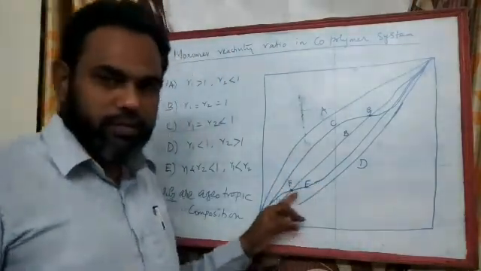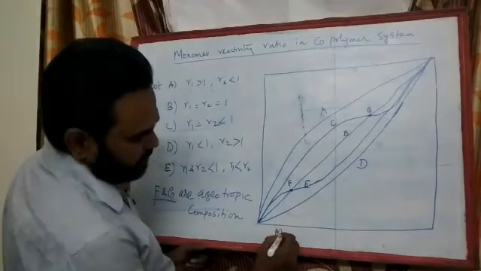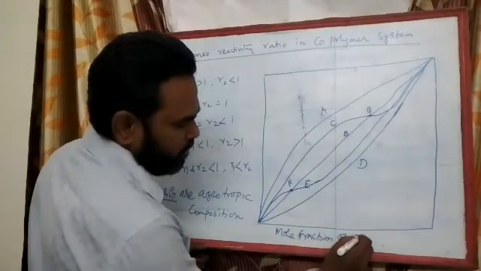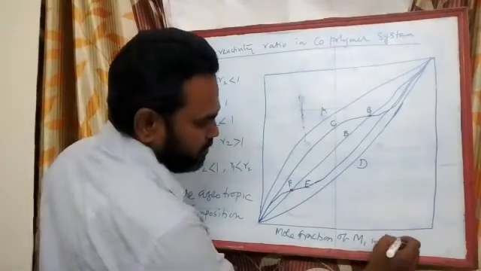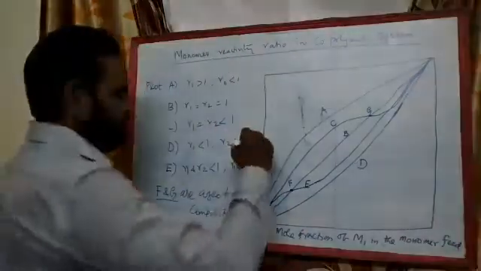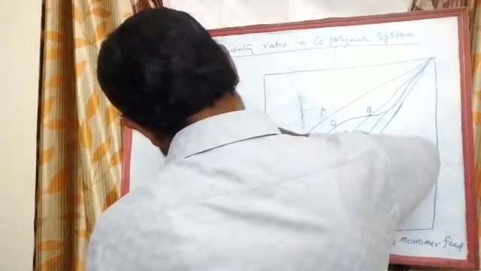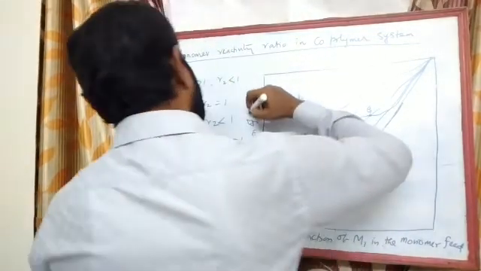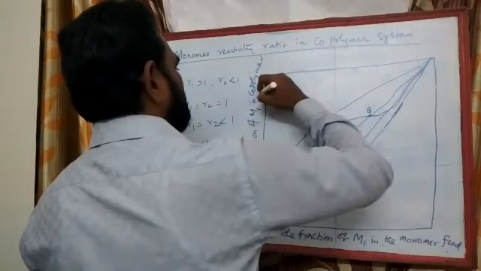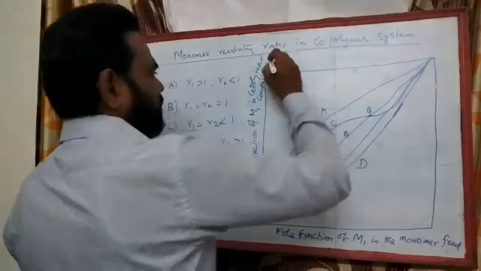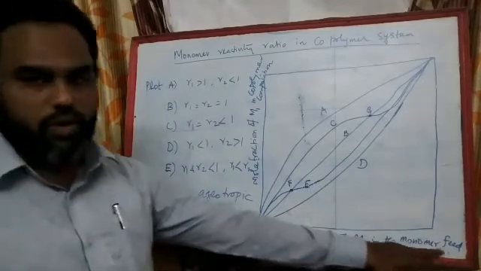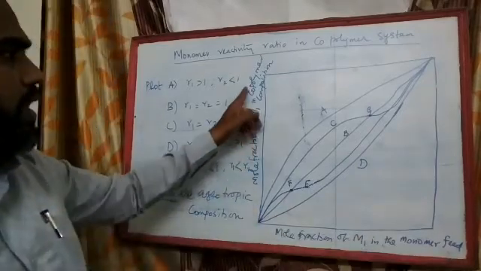So I have made a plot of the mole fraction of monomer 1 in the monomer feed against the mole fraction of monomer 1 in the copolymer composition.